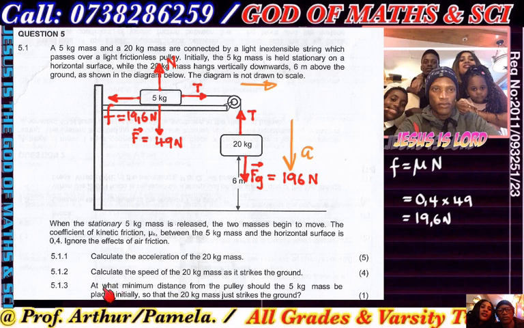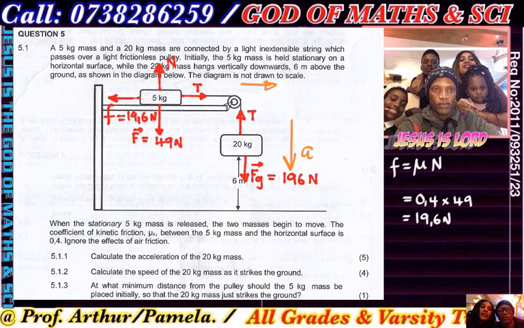Now watch what it says. It says at what minimum distance from the pulley. So we want the distance from here moving to the left. All right. So that this one will just hit the ground.